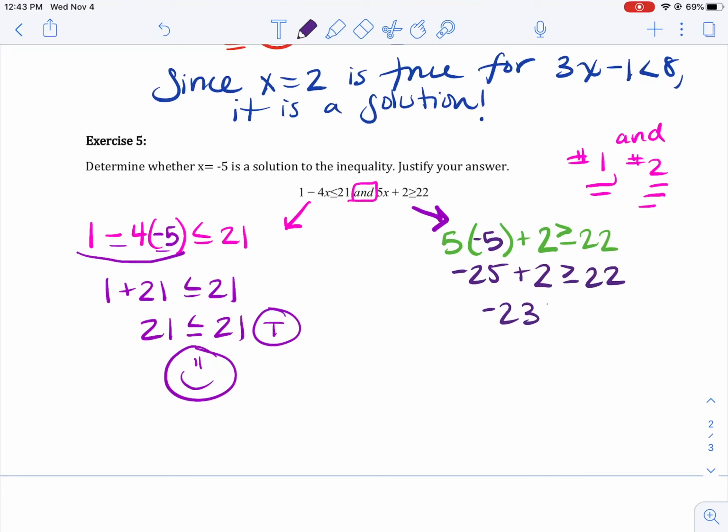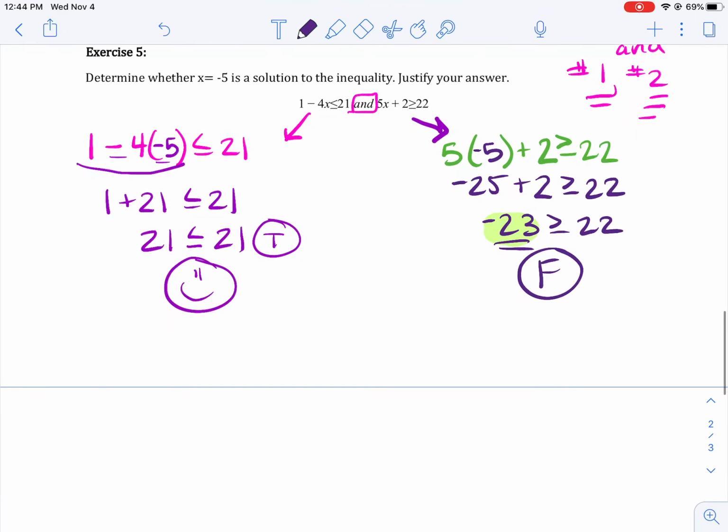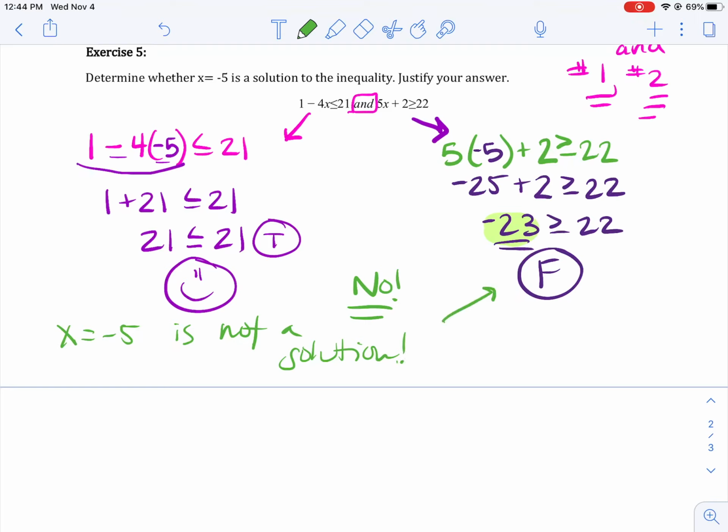So negative 23 is greater than or equal to 22. A negative number is never bigger than a positive number, so this is false, which means that they're both false, right? So this is not a solution. Okay, it has to work for both.